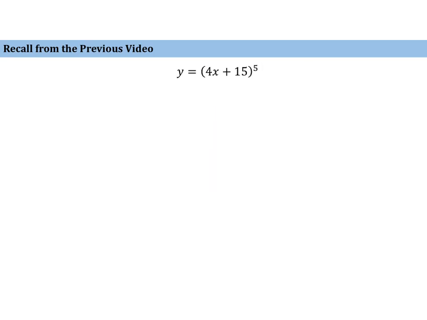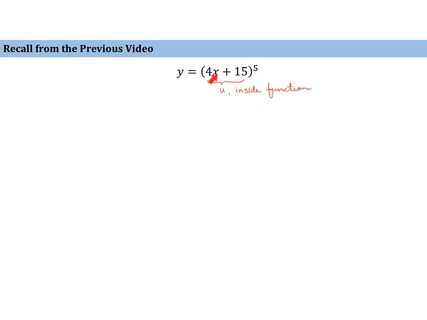In the last video, we also took the derivative of this function, the 5th power of the quantity 4x plus 15. Here, the inside function is 4x plus 15. So if we thought about what to do with this in taking the derivative, it makes sense that the 5 would come out front, and we would lower that power by 1, so that power should be a 4.